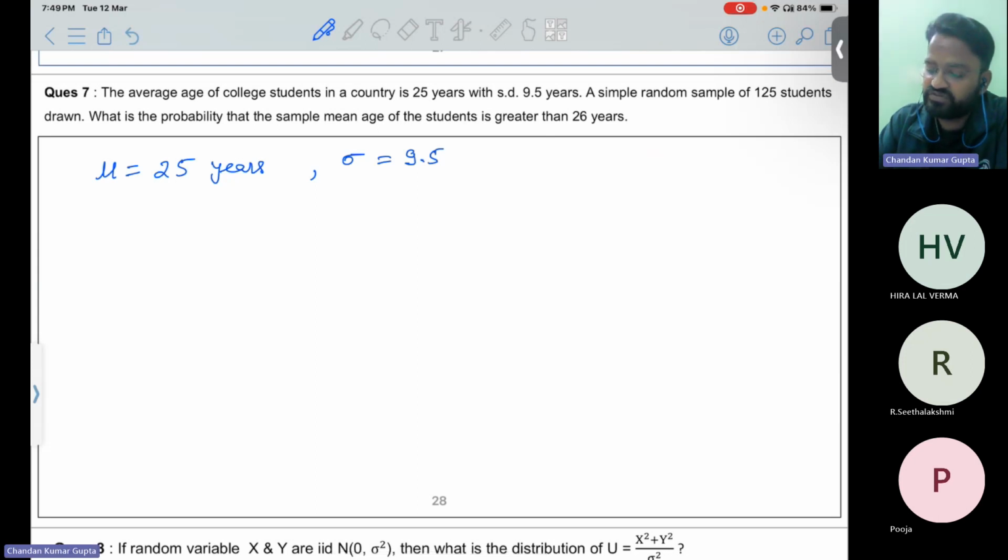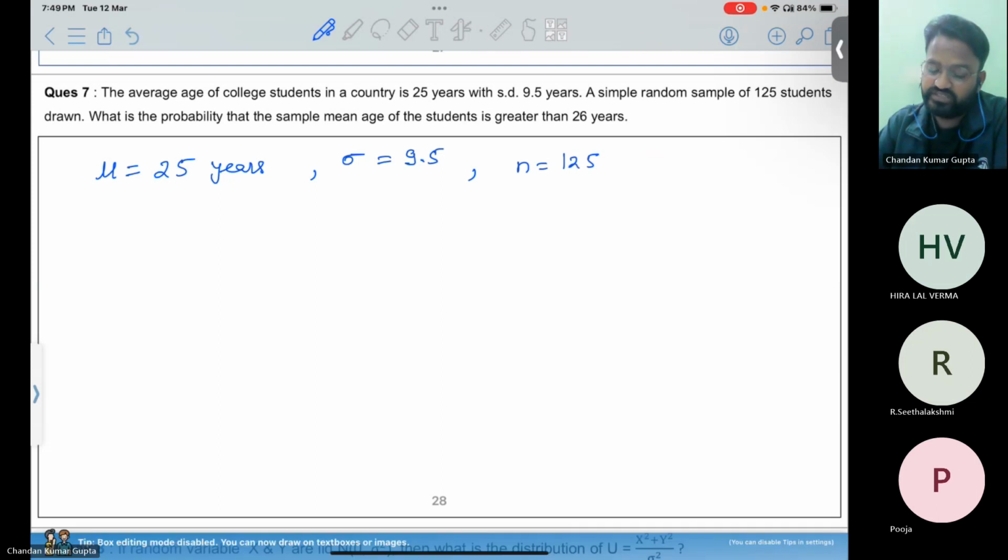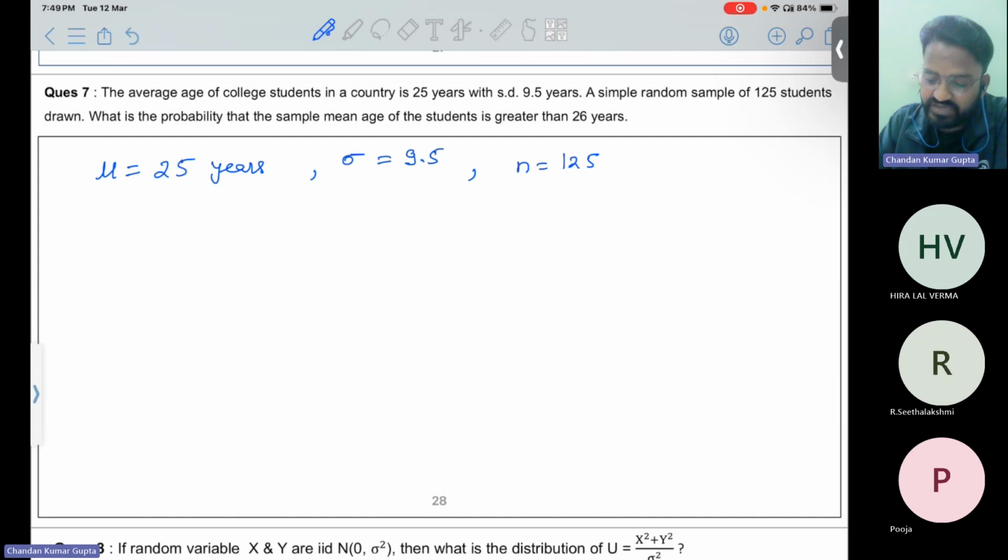A simple random sample of size 125 students is drawn. What is the probability that the sample mean age of the students is greater than 26 years? Again, we are given mean, variance and n, so here we use the central limit theorem.